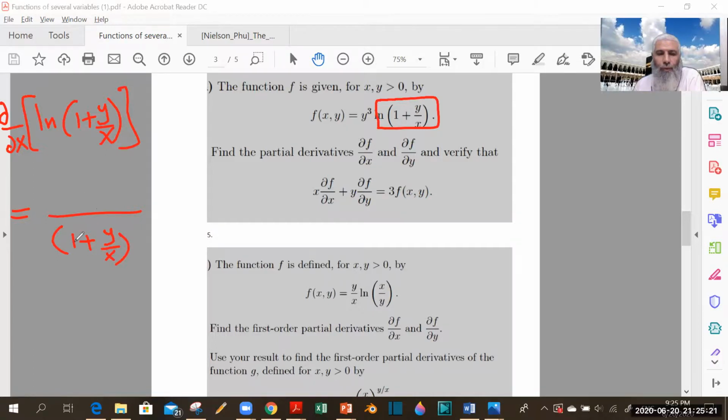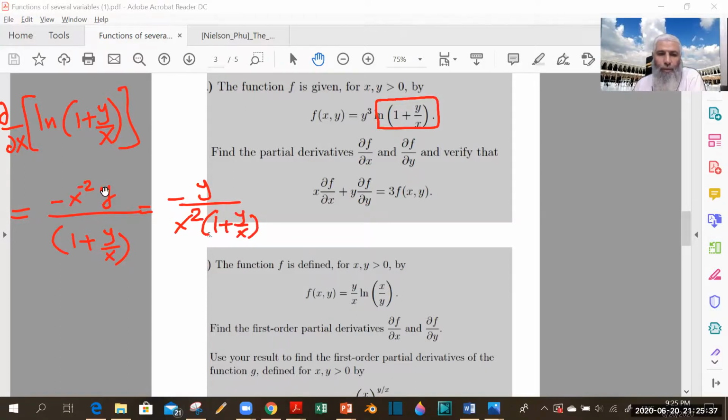What is the derivative of 1? It is 0. The derivative of 1 over x is negative x to the power negative 2 multiplied by y, which is negative y over x squared, multiplied by 1 plus y over x.